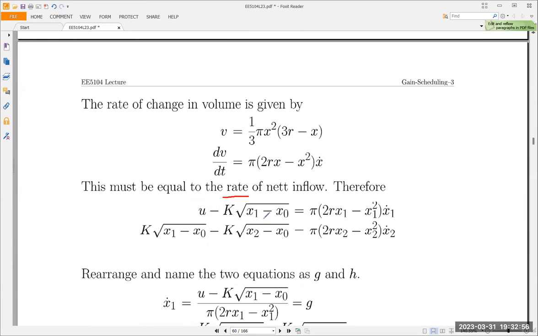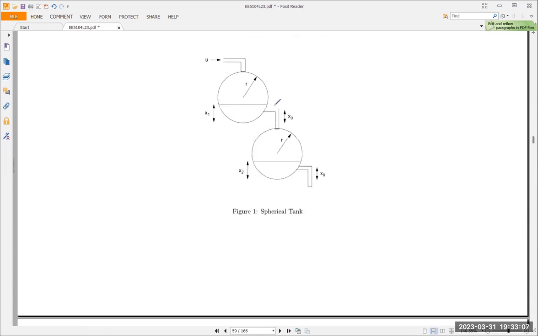This one, again, is a math equation. It's nothing to do with control. It's proportional to the square root of the height difference. So x naught is this, x is this. The square root of the height difference multiplied by a proportional gain would be equal to the amount that flows out in 1 second. Then that must be equal to the change in the volume in 1 second.